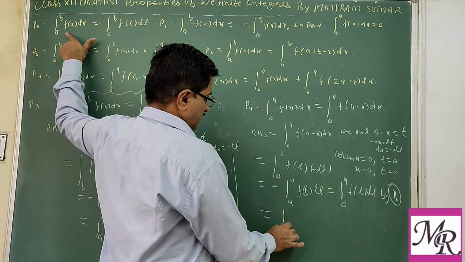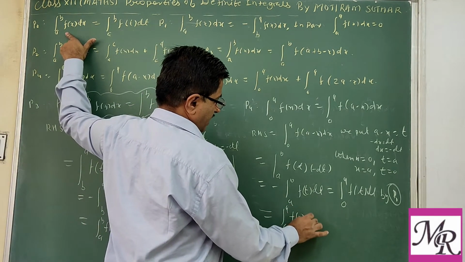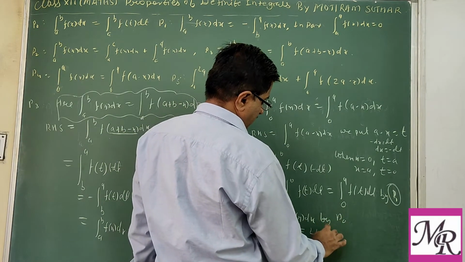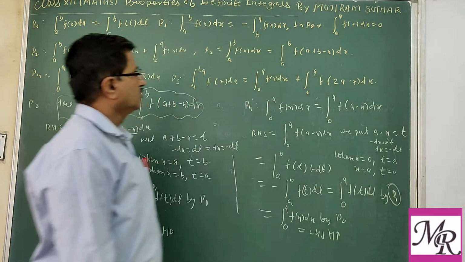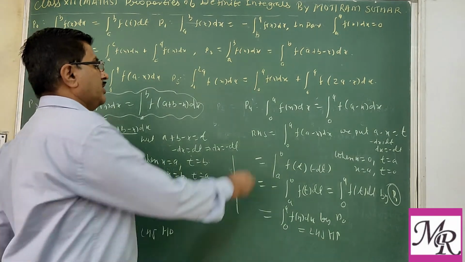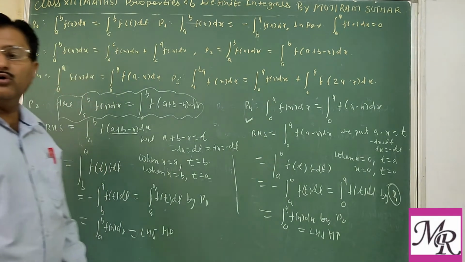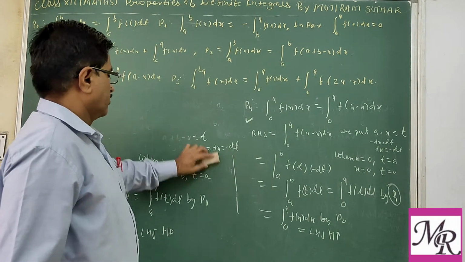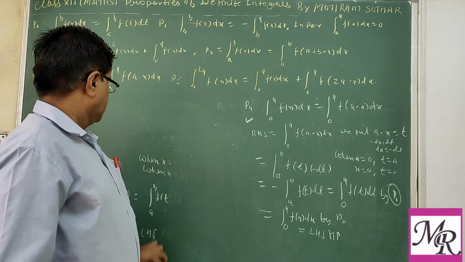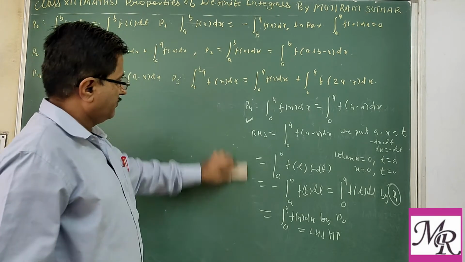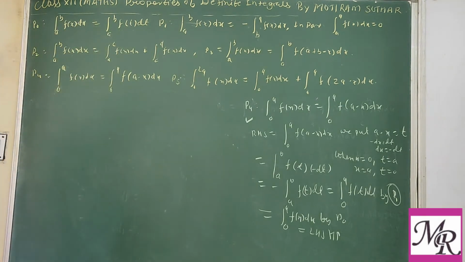So this is equal to integral 0 to a f(x) dx by P0, which is equal to the left hand side. Hence true. So in this way one may prove this, and this property is very important because in many problems, or 50% of the problems, we have to use this P4, which is very helpful for converting the given integrand into a very simple form. Clear? That's why we need this.